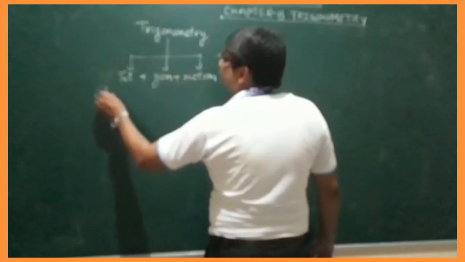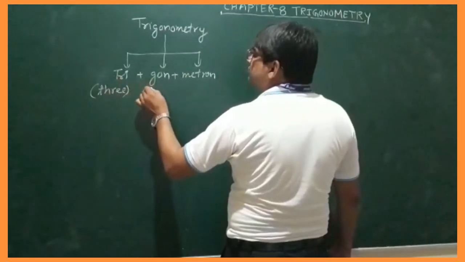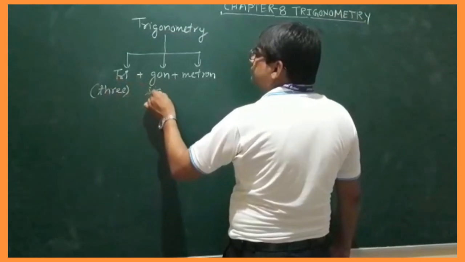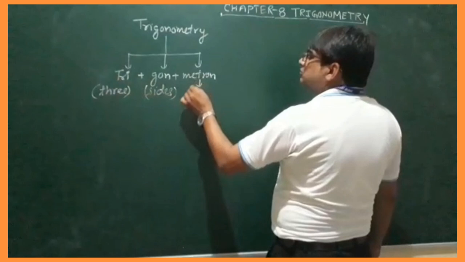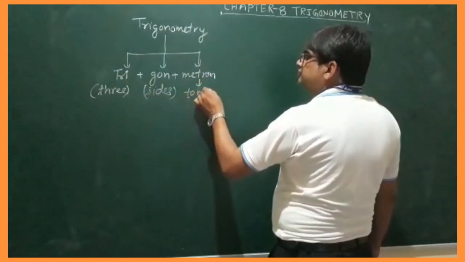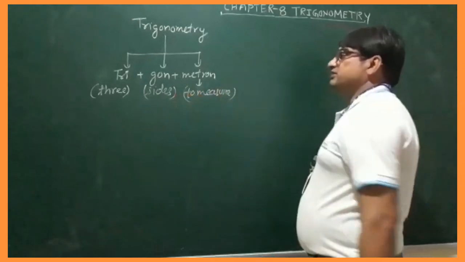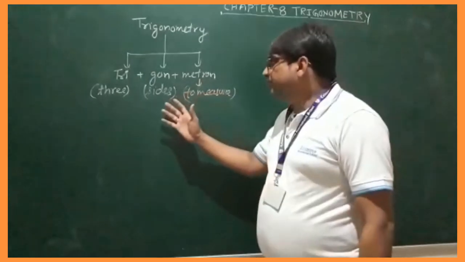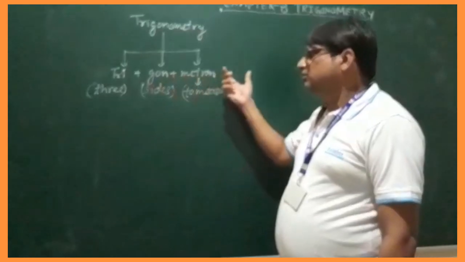Tri means three, gon means sides, and metron means to measure. Trigonometry is derived from three Greek words: tri plus gon plus metron.